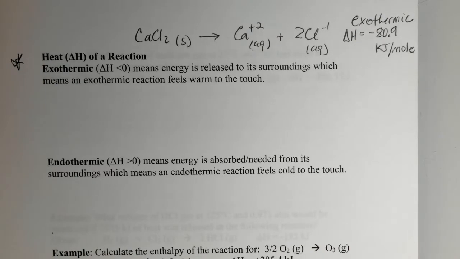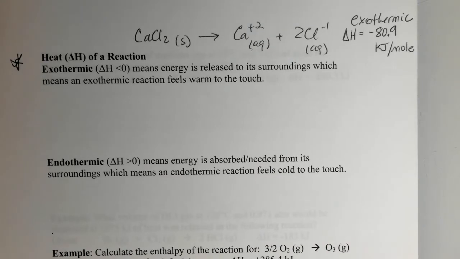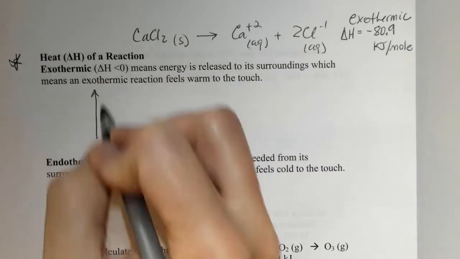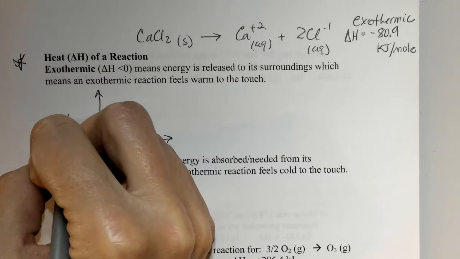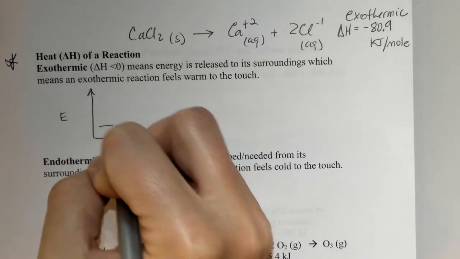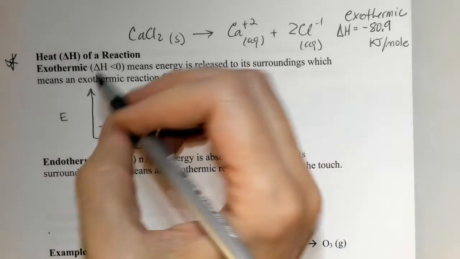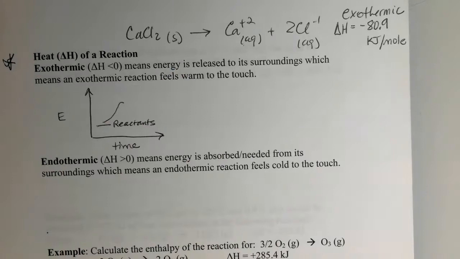to the surroundings. So what happens in a lot of chemical reactions is you have your energy over time, and you start the reaction with your reactants, right? And you always have to go uphill. You always have to put energy in, usually to break bonds. That destabilizes molecules, so you have to put energy into that.